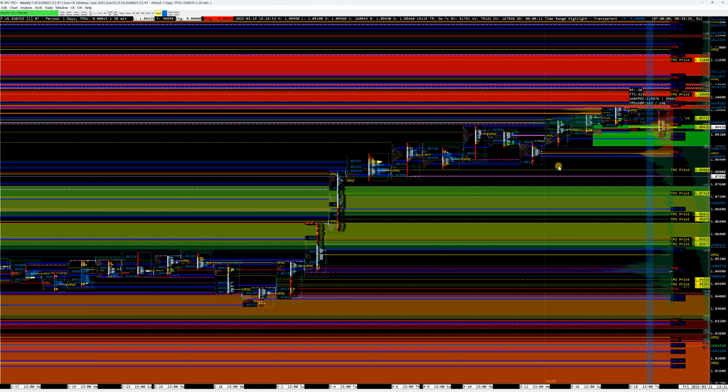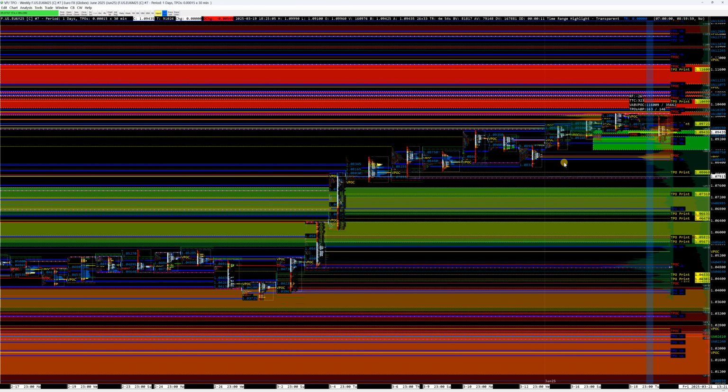So in that case, I haven't drawn last week's. I haven't drawn the low volume nodes further down than where we are here, effectively. But we could do that. And by the way, we can.